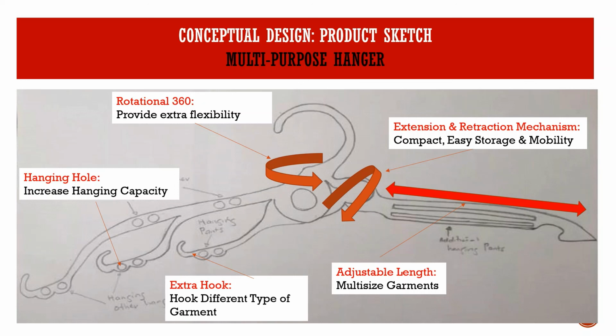Extra hooks can help you to hook different types of garments, and of course we have the adjustable length, an extra feature with which you can hang multi-size garments. And of course, last but not least, you have the extension and retraction mechanism. This is the most important one, which helps you to make your hanger compact, with easy storage and mobility.